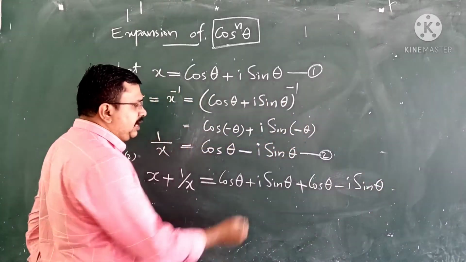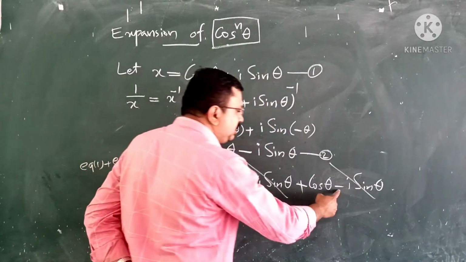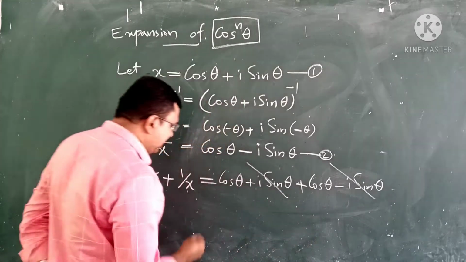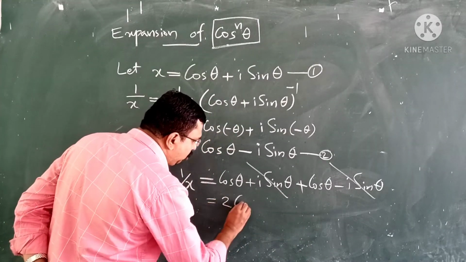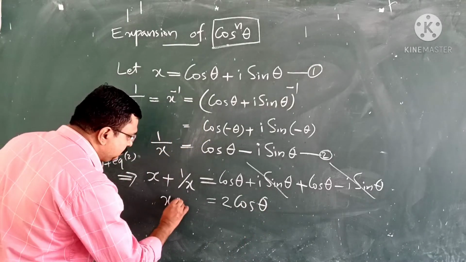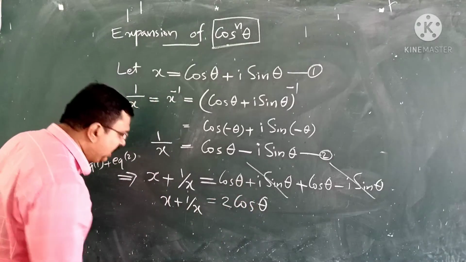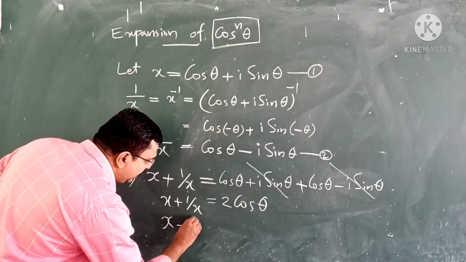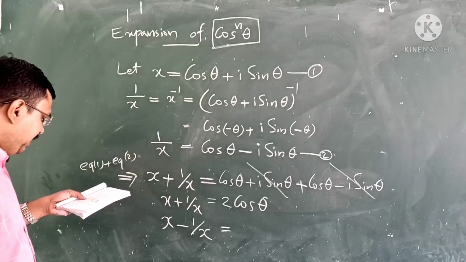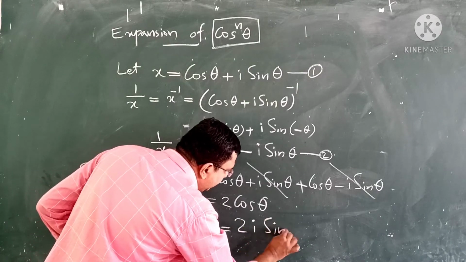Then i sin theta and i sin theta cancel, one is plus and the other is minus. The remaining is cos theta plus cos theta, that is 2 cos theta. So x plus 1 by x equals 2 cos theta. Similarly, we can find x minus 1 by x, that is 2i sin theta.